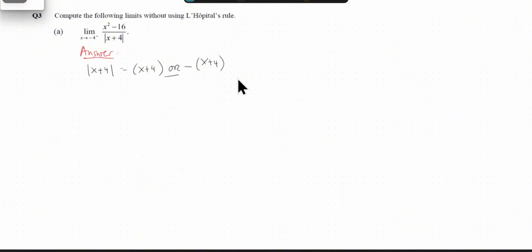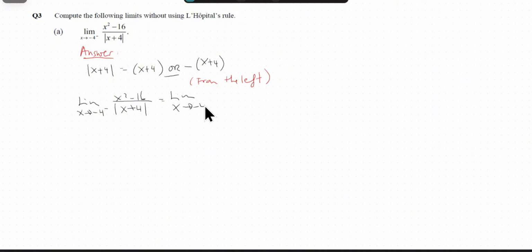So the problem of the limit as x approaches negative 4 from the left of (x squared minus 16) over the absolute value of (x plus 4) becomes the limit as x approaches negative 4 from the left of (x minus 4) multiplied by (x plus 4), divided by, in this case, the negative of (x plus 4).